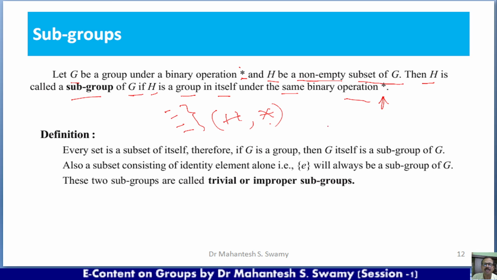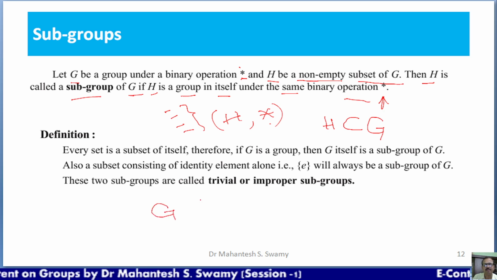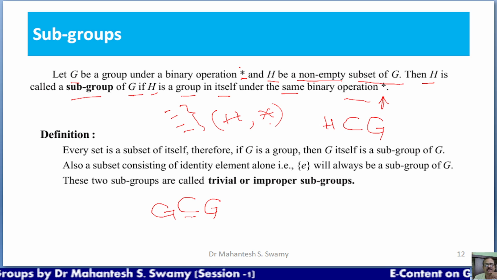Then we call this H, which was a subset of G, a subgroup of G. Not only a subset, this subset will now become a subgroup of the original group G. And now we know that every set, consider the set G, every set is a subset of itself, and that is particularly called an improper subset.